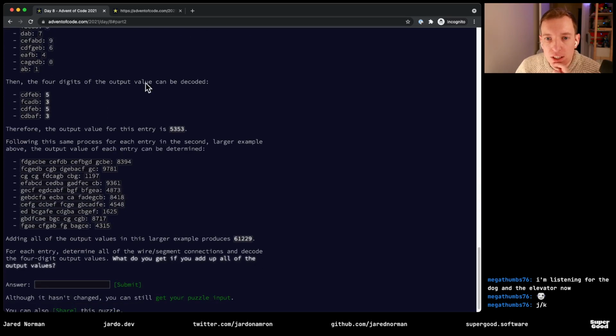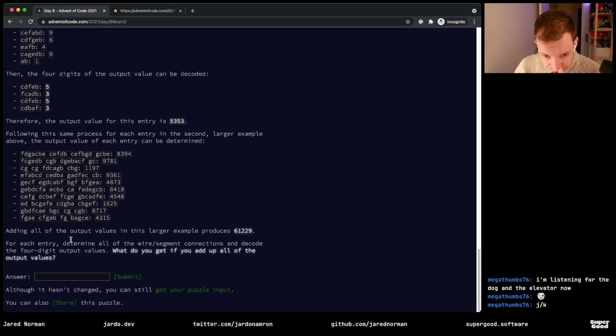Then the 4 digits of the output value can be decoded. Therefore, the output value for the entry is 5353. Following the same process for each entry in the second larger example above, adding all the output values produces 61229. What do you get if you add up all the output values?